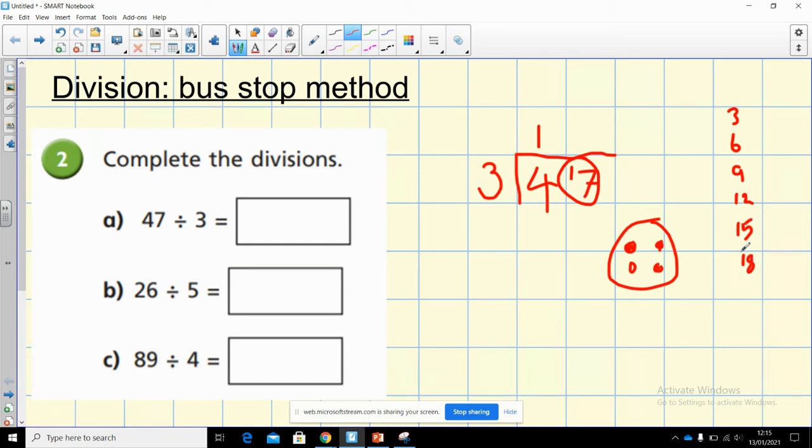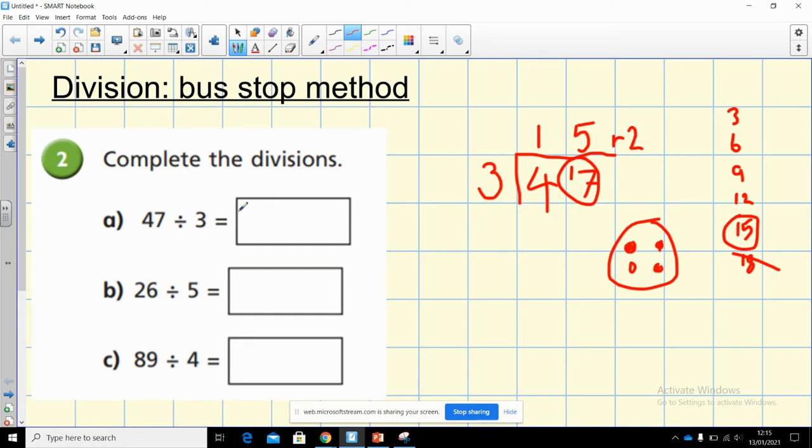Oh, I've gone too far, because I only need to get to 17. So I've gone 3, 6, 9, 12, 15. 1, 2, 3, 4, 5. So 5 times. But don't forget, my target number was 17 and I got to 15. So I've got 2 left over. From 15 to 17, there's 2 left over. So I've got remainder 2.